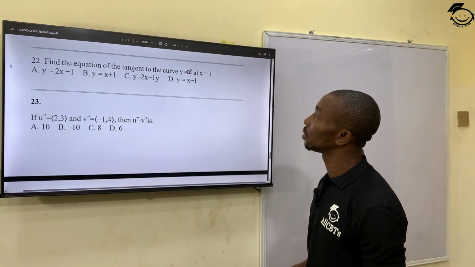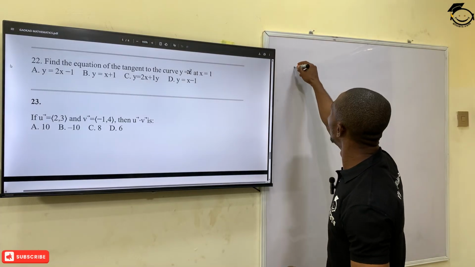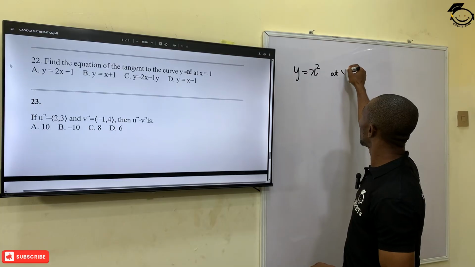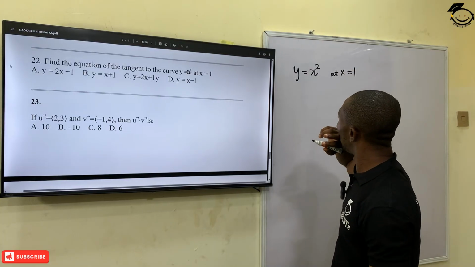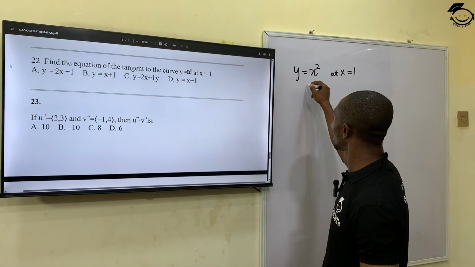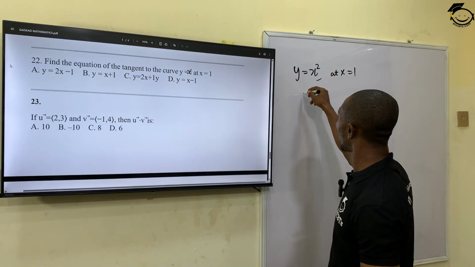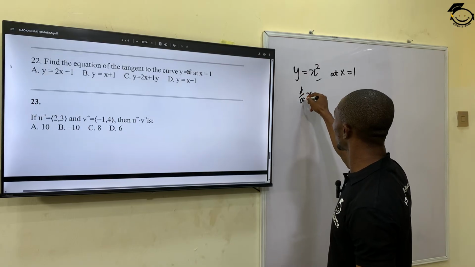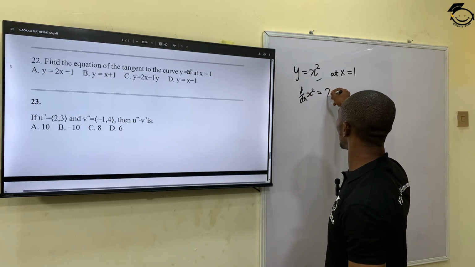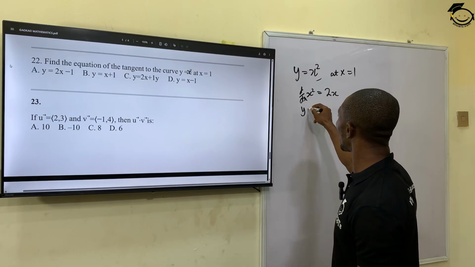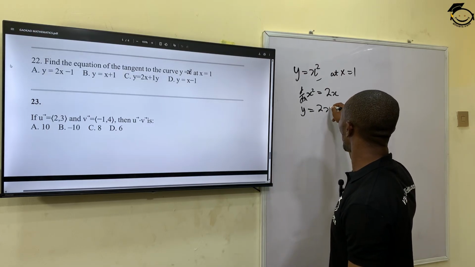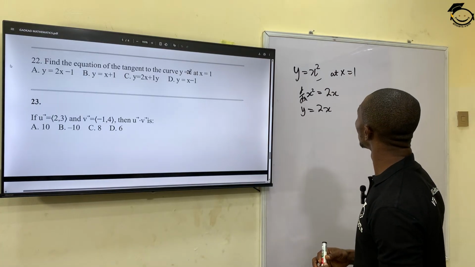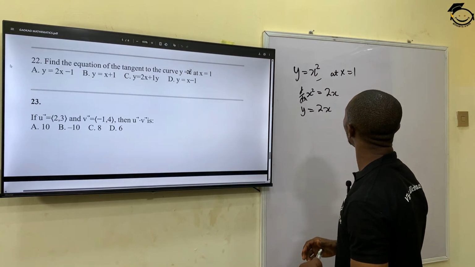Find the equation of the tangent to the curve y equals x squared at x equals 1. Okay, now if we differentiate this function, d/dx of x squared will give us 2x. So our dy/dx equals 2x.